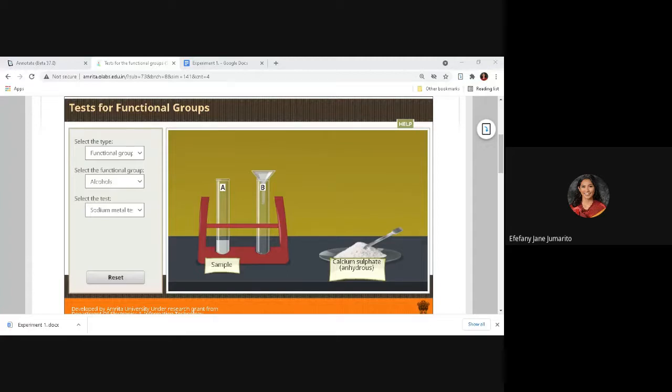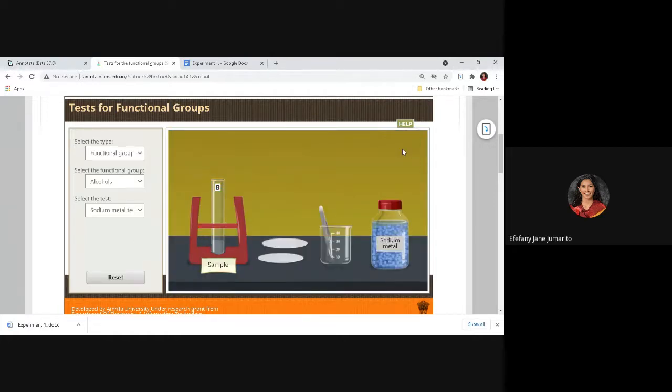Okay, so we have that one. Next, we will take the sodium metal using our forceps.